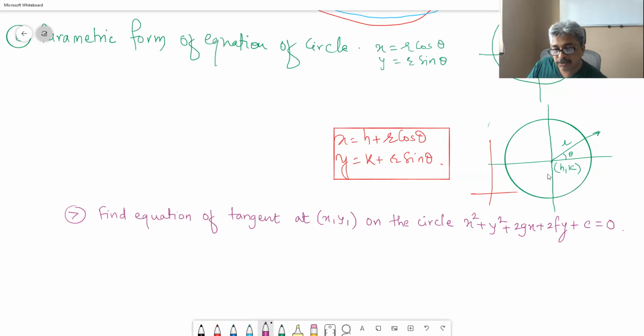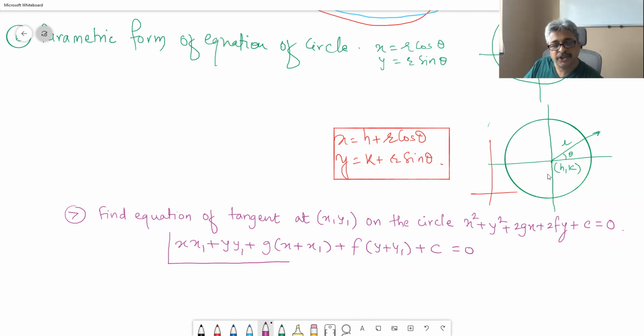We would like to have this equation looking like this: x x1 plus y y1 plus g times (x plus x1) plus f times (y plus y1) plus c is equal to 0. This is the equation of tangent at (x1, y1) to the given circle.